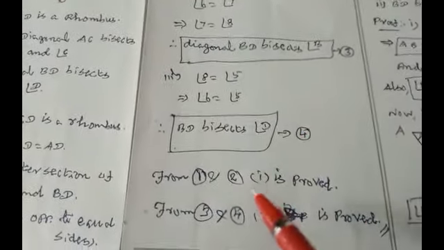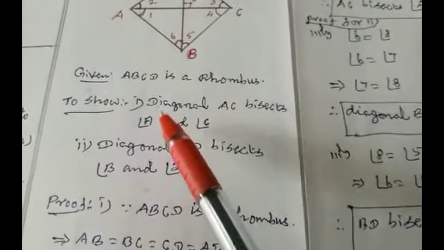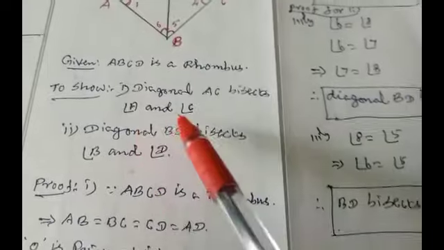Okay. Therefore, BD bisects angle D. Make it as equation number 4. So, from 1 and 2, we can say the first subdivision AC bisects angle A and angle C. From equation 3 and 4 we can say the diagonal BD bisects angle B and angle D.